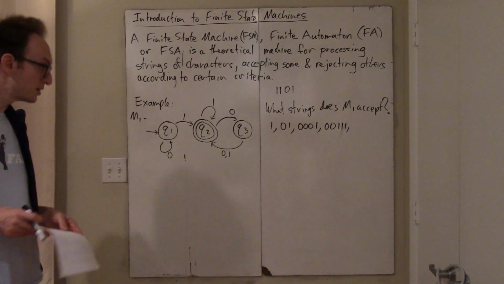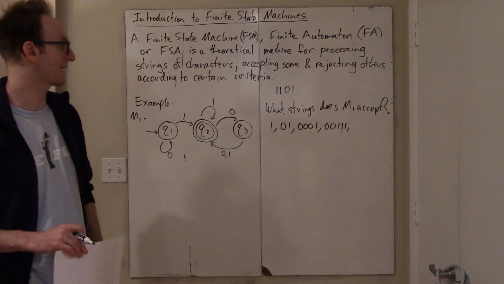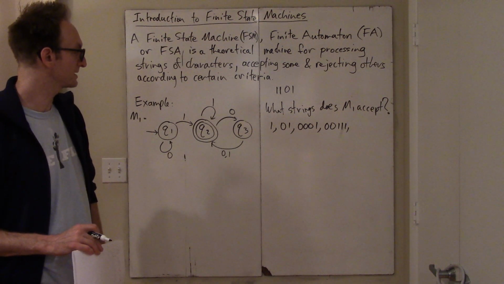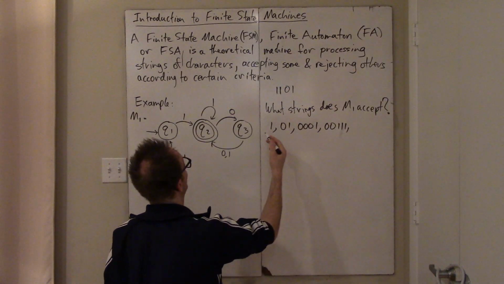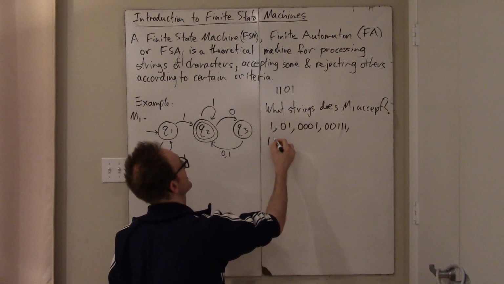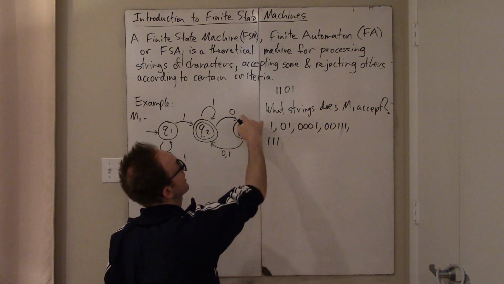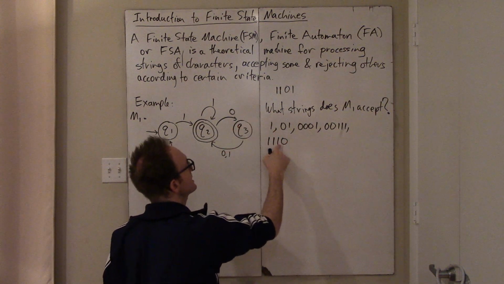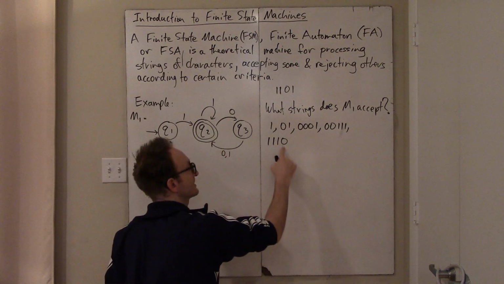And then notice that we could also visit state Q3, which we haven't really done yet. So one thing that could happen is we could have a 1, and maybe another one, maybe another one, and then perhaps a 0. But if I'm going to get back to Q2, there needs to be another thing after that, basically.